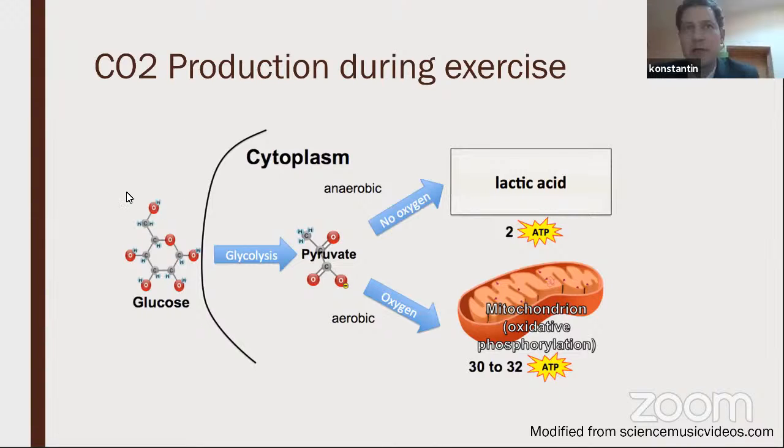Glycolysis breaks it down to pyruvate, and then if you get oxygen, you go into the mitochondria, where it undergoes the oxidative phosphorylation, to phosphorylate your ADP to ATP. However, if there is lack of oxygen, the body switches over to the lactic acid way, which is a way less efficient way to produce your ATP.